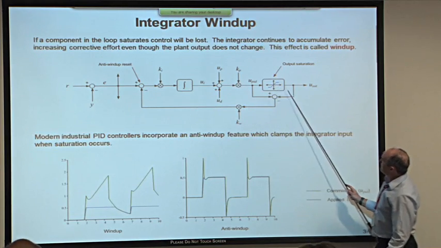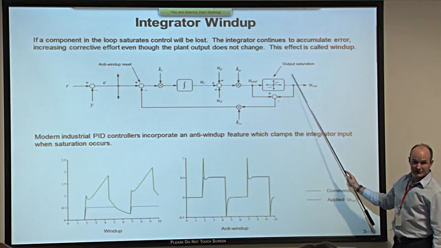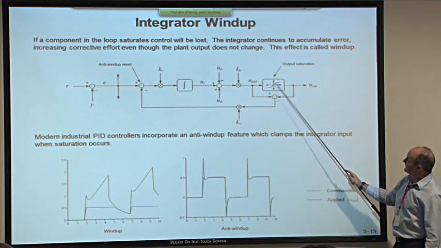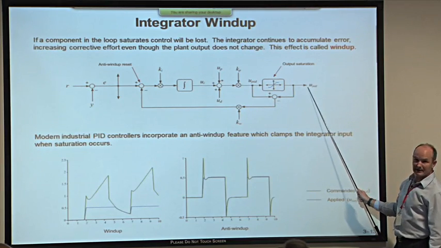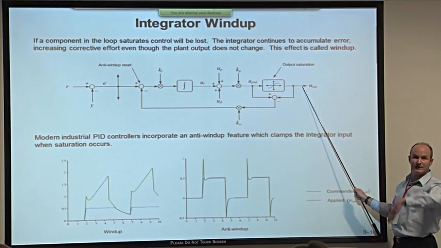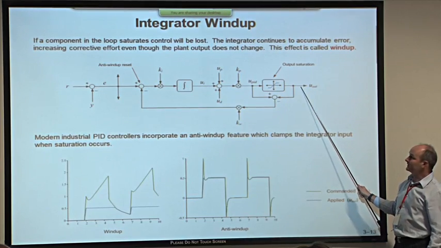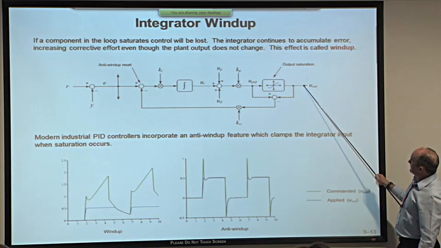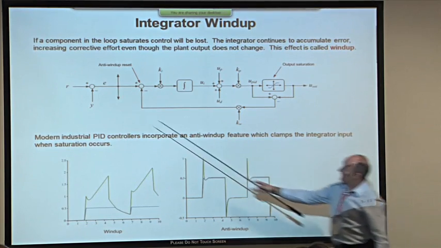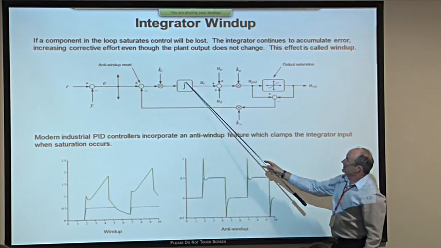Now, the problem is that if the control loop saturates somewhere, any amount of change of U is not influencing the output in the slightest because it's already reached a limit. It's saturated, positive or negative. But of course, the integrator doesn't know that. So the fact that it's saturated means we've still got an error, and so that error is still being integrated.